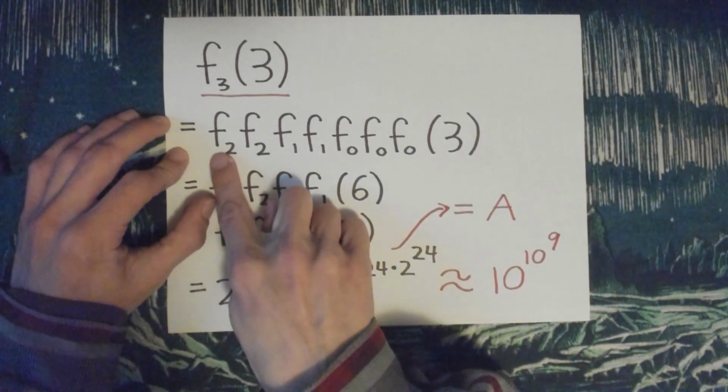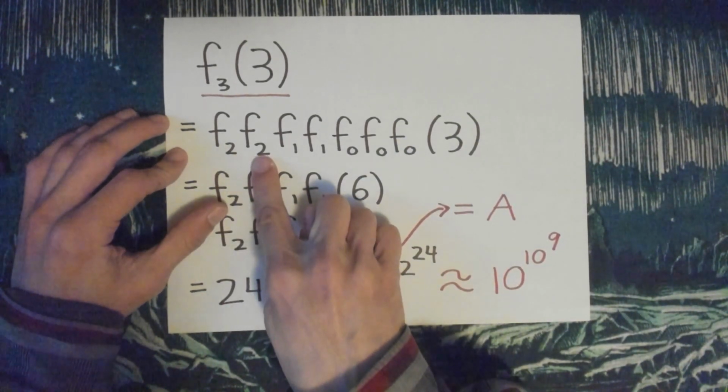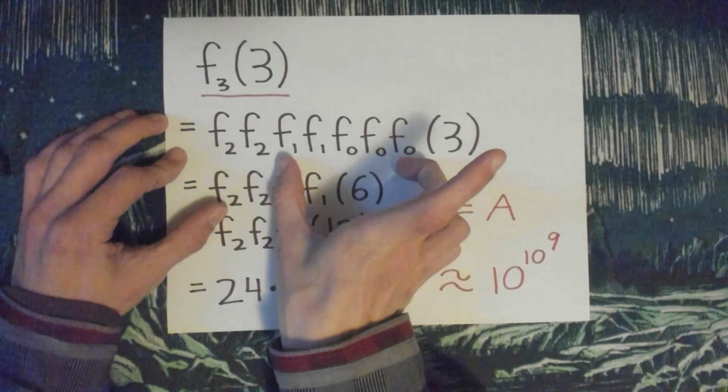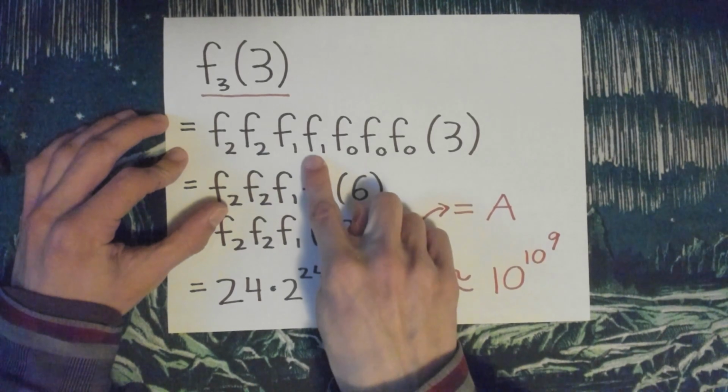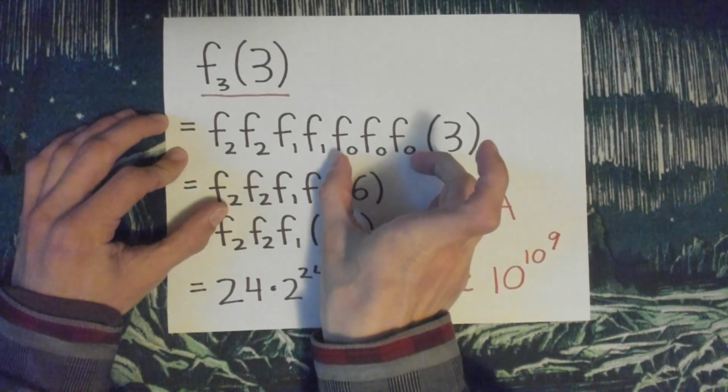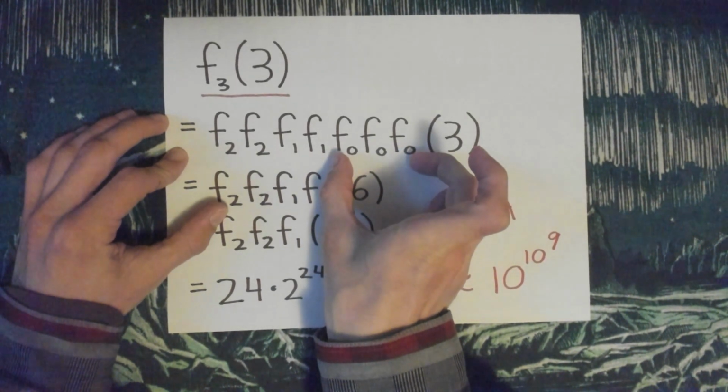So this is the first copy of f2, this is the second copy of f2, and this whole thing is the third copy of f2. This is the first copy of f1, this is the second copy of f1, and this whole thing is the third copy of f1.